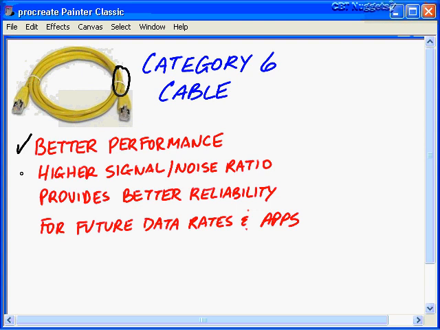It's got a higher signal-to-noise ratio, overall better reliability for mission-critical applications that are running for local area networks and large bandwidth Ethernets. And it provides future enhancements and increases in data rates and better performance for applications. So that's Category 6 cable, used for, again, 10 base T, fast Ethernet, gigabit Ethernet.